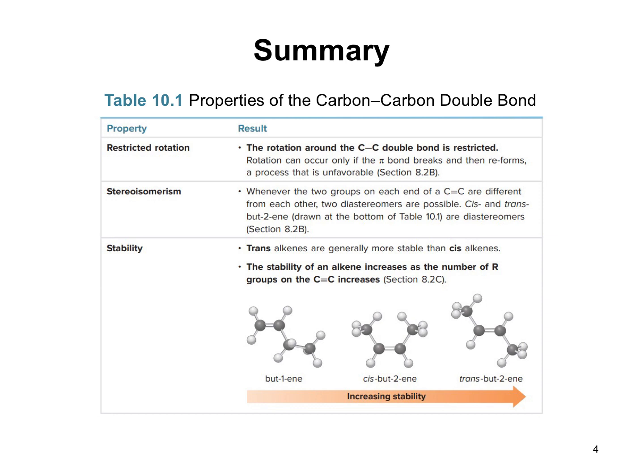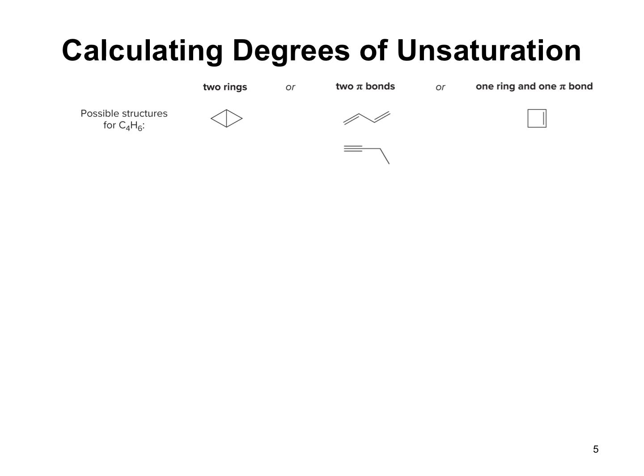Now let's look at how to calculate degrees of unsaturation for an alkene. So a cyclic alkene generally has the structure CnH2n. Alkenes are unsaturated hydrocarbons because they have fewer than the maximum number of hydrogen atoms per carbon.